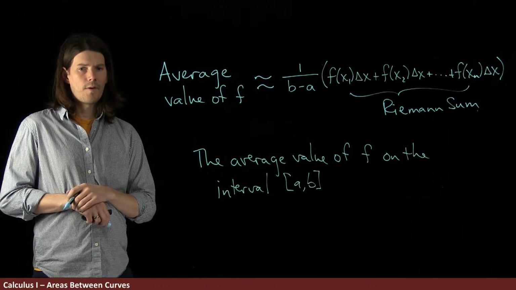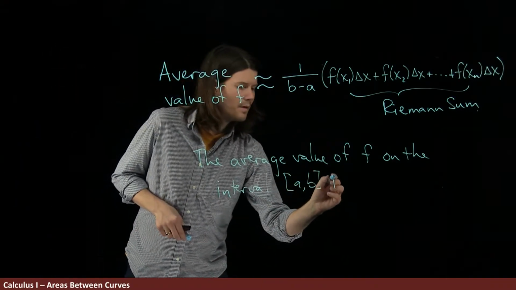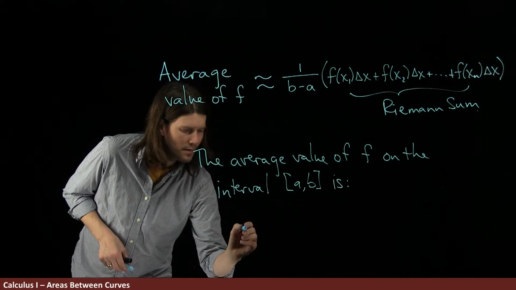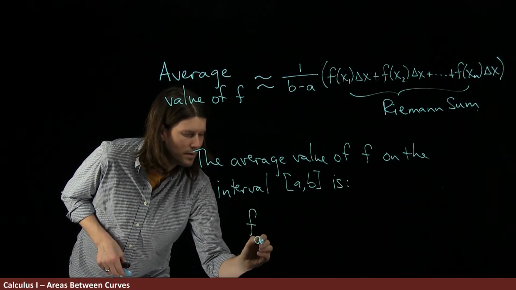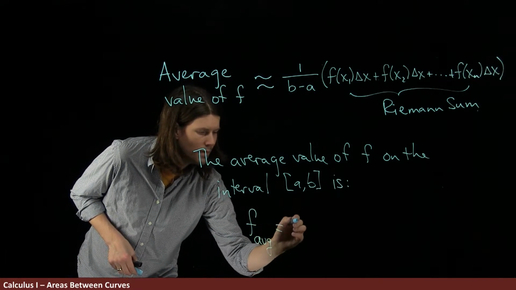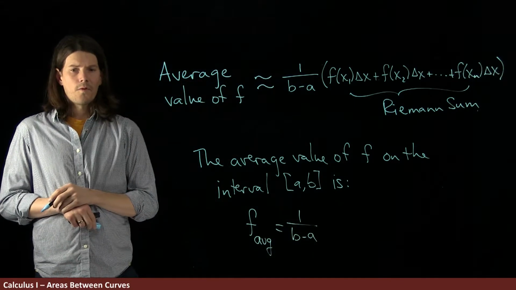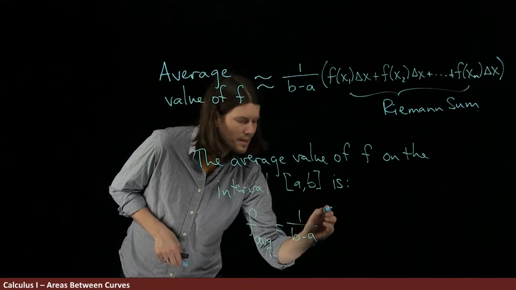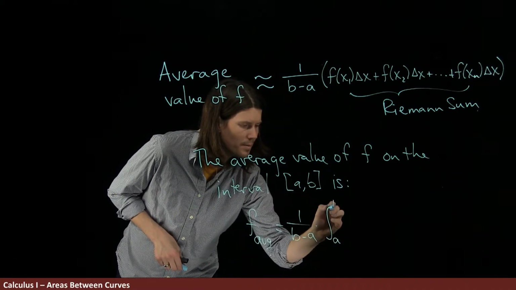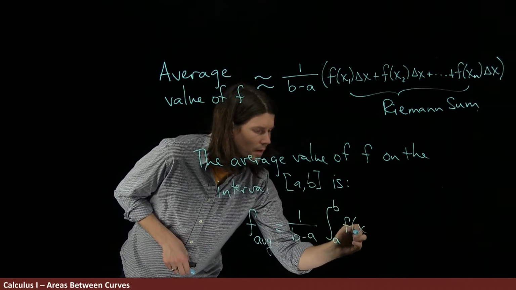The average value of f on that interval is 1 over b minus a times the definite integral from a to b of f of x dx.